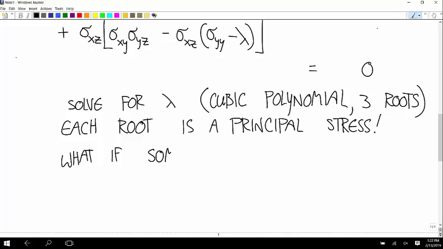What if one or some of the roots are complex?